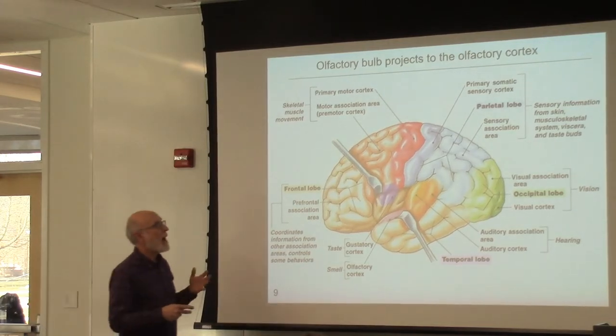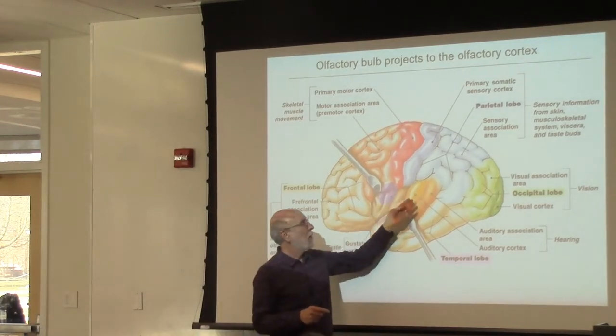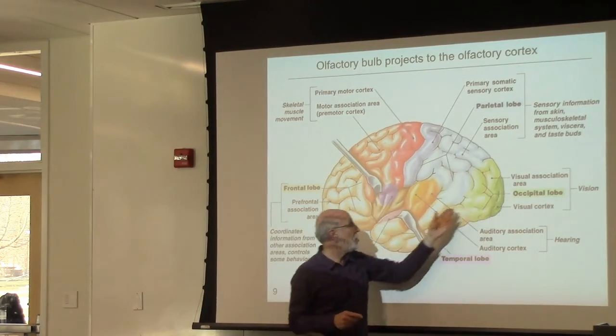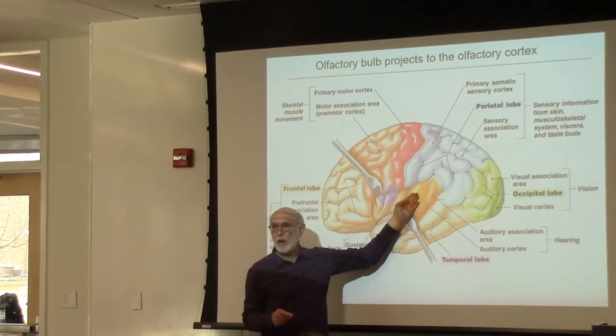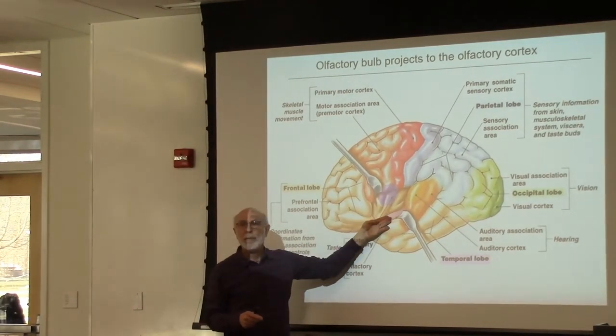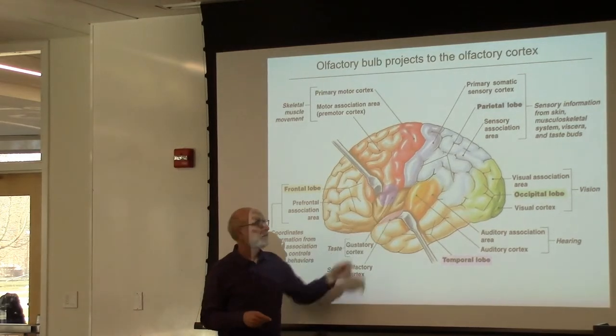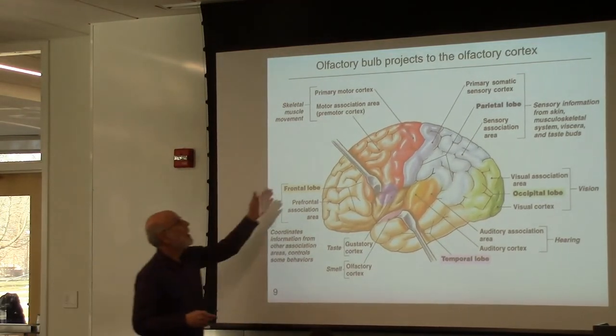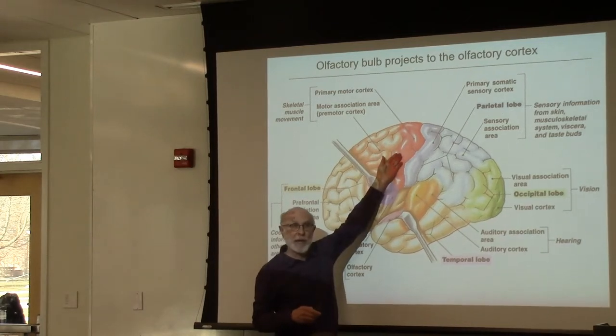Anyway. As I have asked you to learn where the primary somatosensory, visual, and auditory cortices are, I'm going to ask you to know where the primary olfactory cortex is. We haven't talked about motor cortex yet, but we're going to talk about that starting next week.